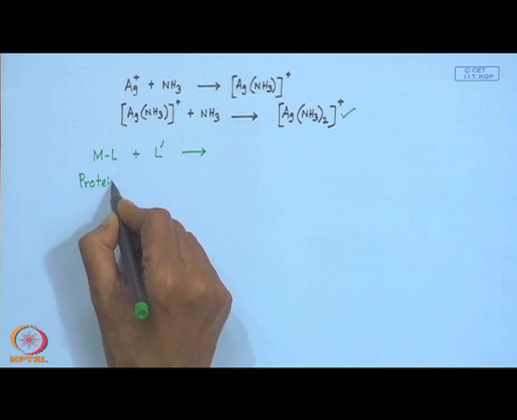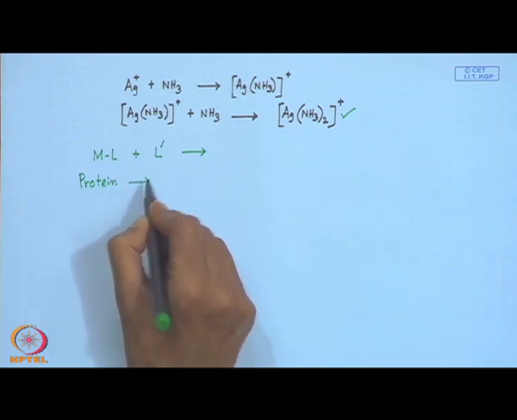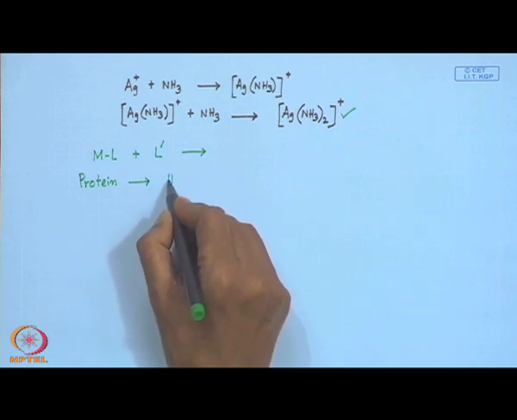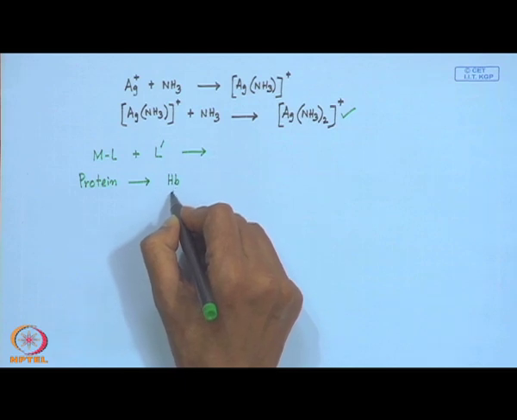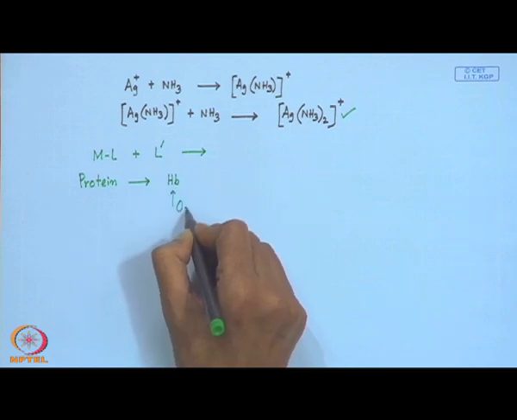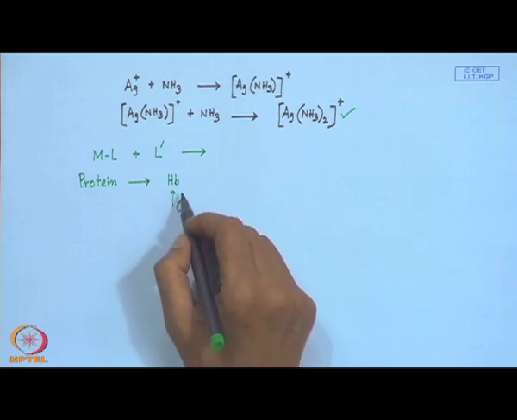One such good example we will talk about in one of our future classes is the binding of hemoglobin during the oxygenation reaction, that is, O2 binding by the hemoglobin molecule.